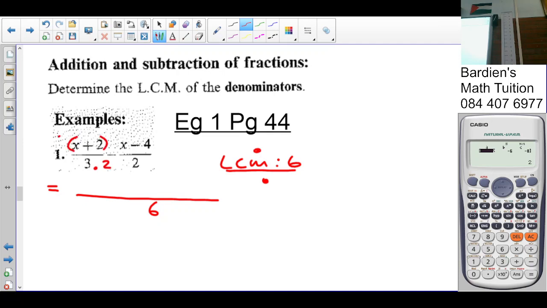So I'll multiply that also by 2 to get it equivalent. So it's 2 into x plus 2. There's a minus here, so then we go minus. If there was a plus there, I would have written plus. Do you all understand? So 2 multiplied by what is 6? 2 times 3. So you must multiply that also by 3. So it's 3 into x minus.